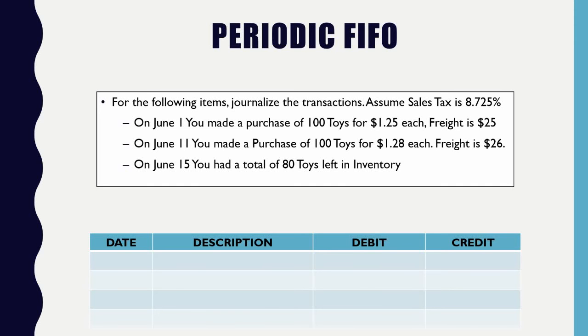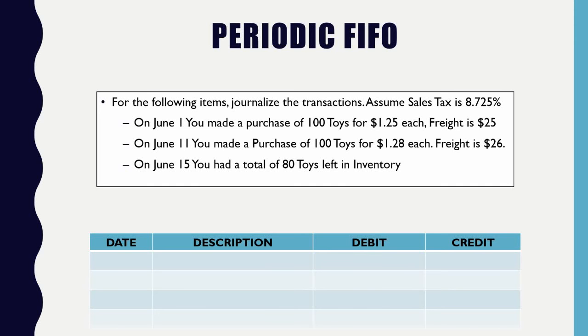So let's do the first one. On June 1st, you made a purchase of 100 toys for $1.25 each. Freight is $25. Assume sales tax is 8.725. We're introducing a little extra factor here.